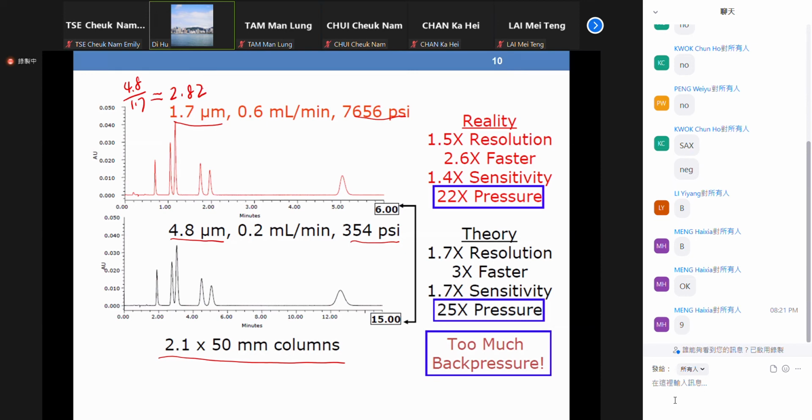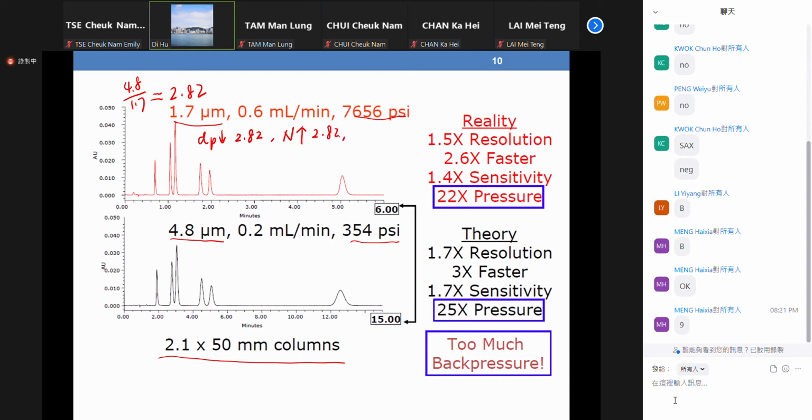So dP decreased by 2.82, and therefore N will increase by what? 2.82 times.